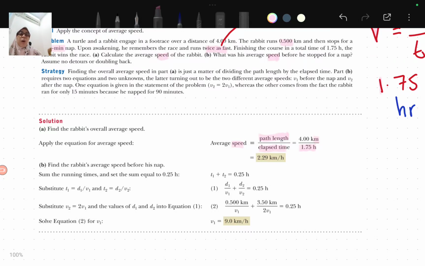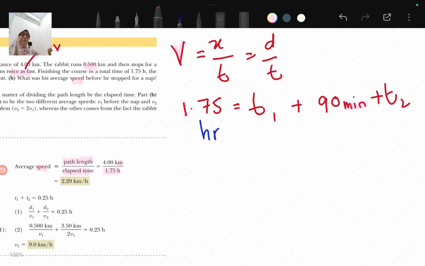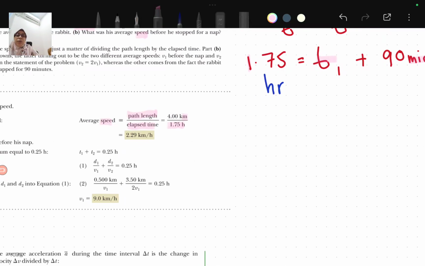Now the second question: what was his average speed before he stopped for a nap? This one you have to be cautious with because they want you to only calculate when he was first active. Remember earlier, 1.75 is the time taken when he first ran, then slept, napped, and then ran again twice as fast. So the expression turns into an equation like this. T1 plus T2 is equivalent to 0.25.